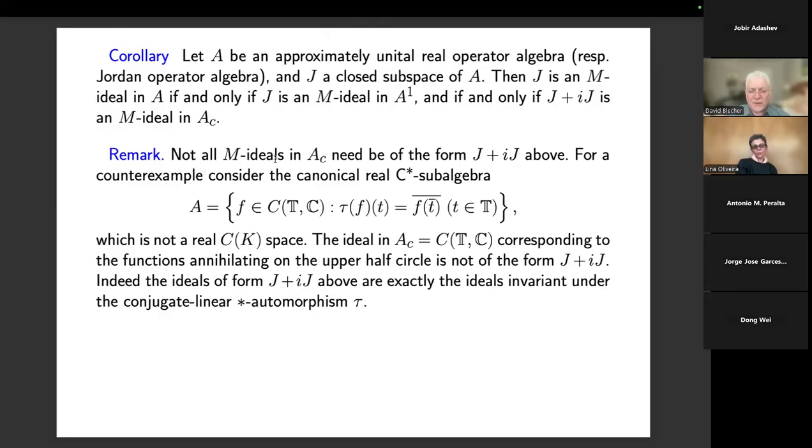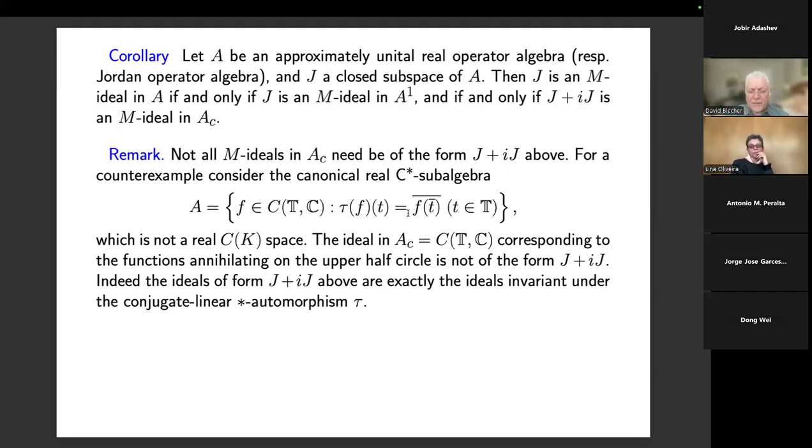So the correspondence in the corollary is not a bijective correspondence onto all of the M ideals or the ideals of the complexification. A nice example is the continuous functions on the circle that are fixed by, I'm sorry, there's something missing in this equation. There should be an equal to f of t here.